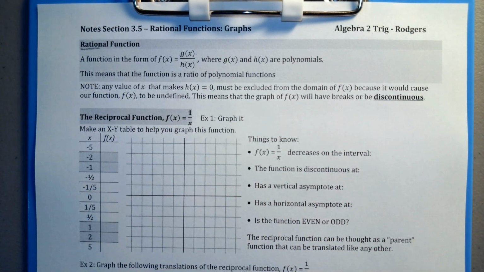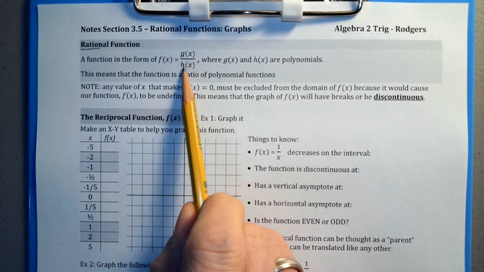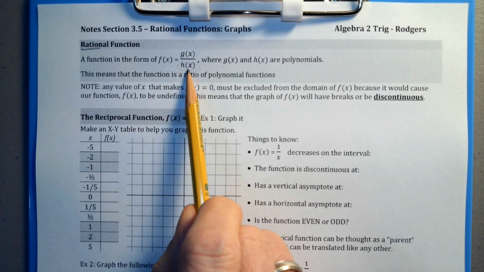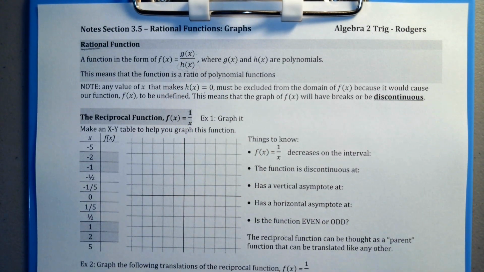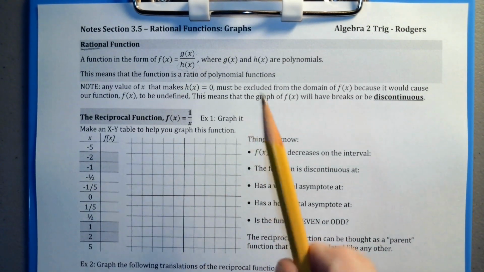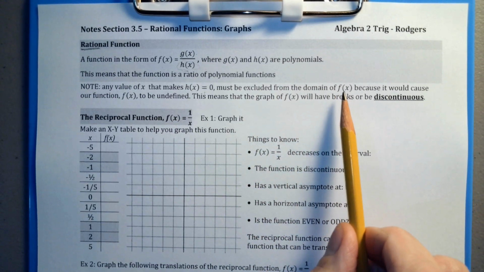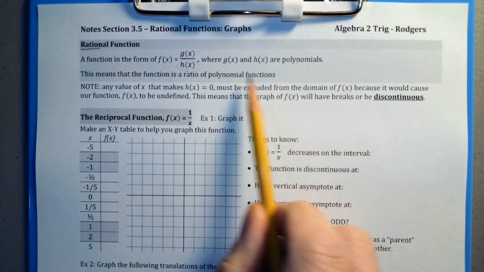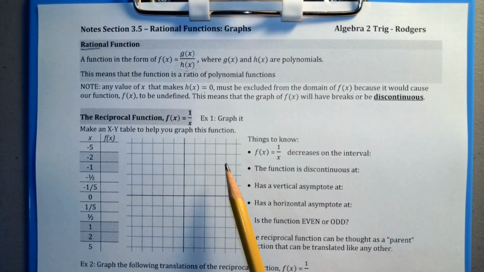All right, now this causes us some problems because there are going to be certain values of x that will make this denominator equal to 0, and that's bad. We know we cannot divide by 0 in mathematics, so we would have to remove from the domain any value of x that would cause f of x to be undefined, and that's going to be when h of x is equal to 0.